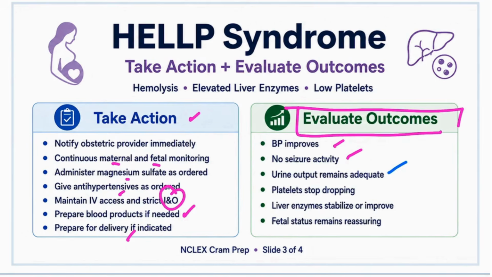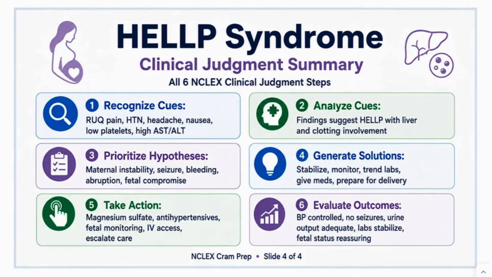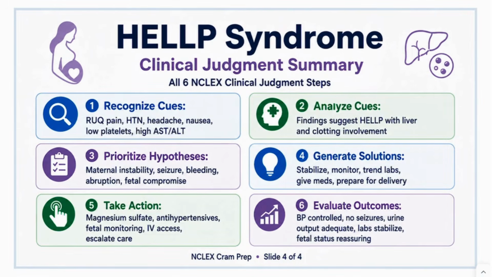So now let's put the entire clinical judgment pathway together because this is how I want you to think when HELLP appears in an NCLEX question. Okay, so let's start with recognizing the cues. Look for right upper quadrant pain or epigastric pain. That's very important.